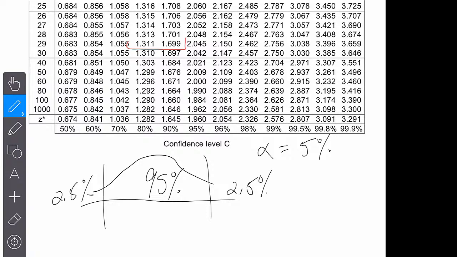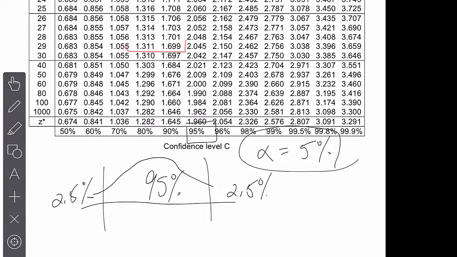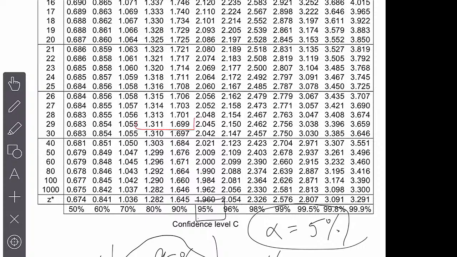So with a 5% two-sided hypothesis test, we can calculate a 95% confidence interval and use it to assess our evidence. Depending on the degrees of freedom, that will determine which one we pick.